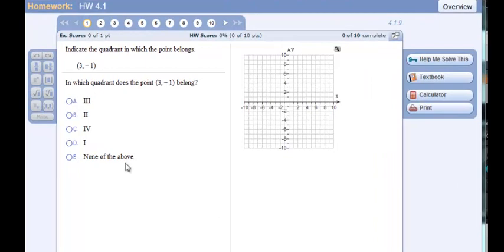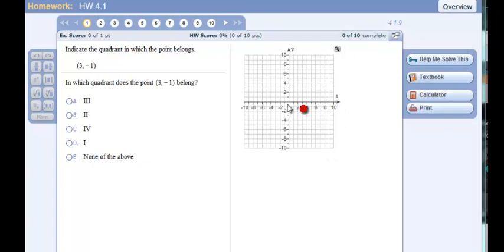So if you're looking at number 1, it says just indicate the quadrant that this point belongs to. So it gives you the point (3, -1). Remember, the x value is your 3, and the y value is -1. So we're going to move to the right 3 places, and then the y value is -1, so we're going to move down 1 spot, which puts us in this bottom right-hand quadrant.